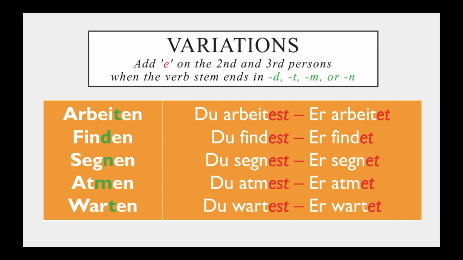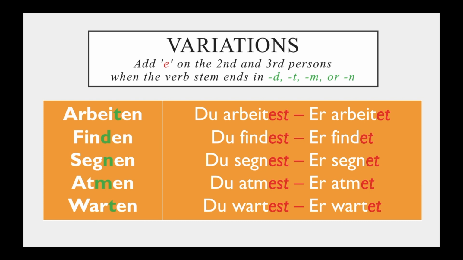You see, the letters in green indicate that we have to add an e at the end of the stem, before st and before the t, as in du arbeitest, er arbeitet. It would be very hard to say du arbeitst and arbeitt with two t's, and to make sure that the person who listens understands that we are using the second and the third form.